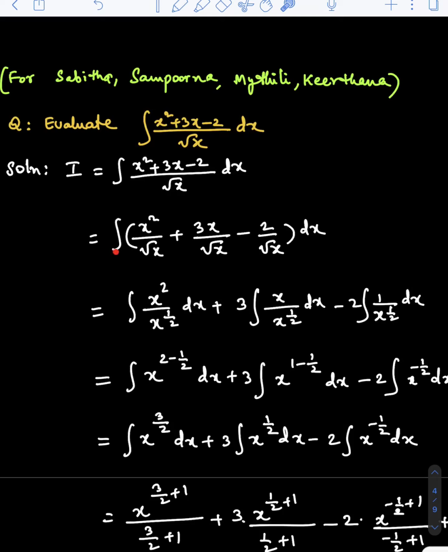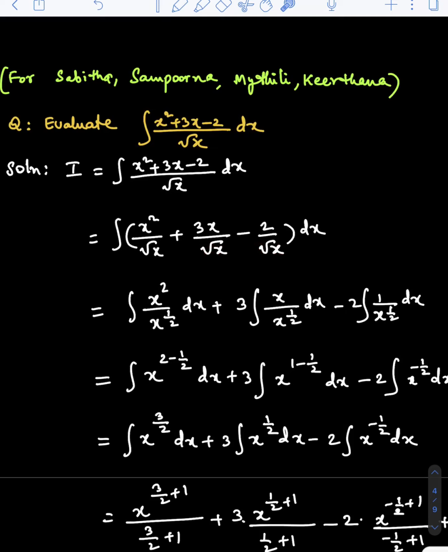Next step, integral dx is taken separately for all 3 terms. While writing the second and third terms, the constant term is taken outside. You can take it like this. 2 ones are 2 only. So 2 is taken outside.